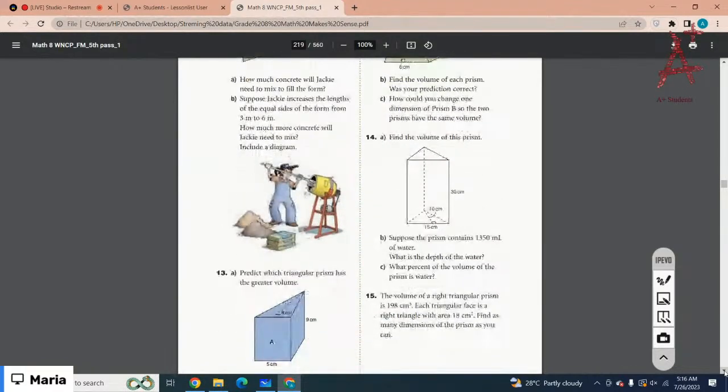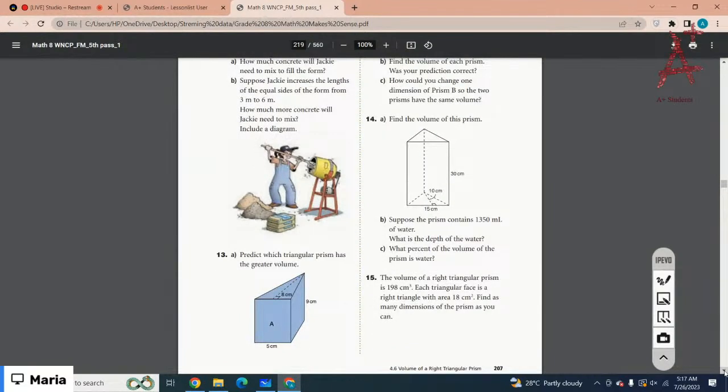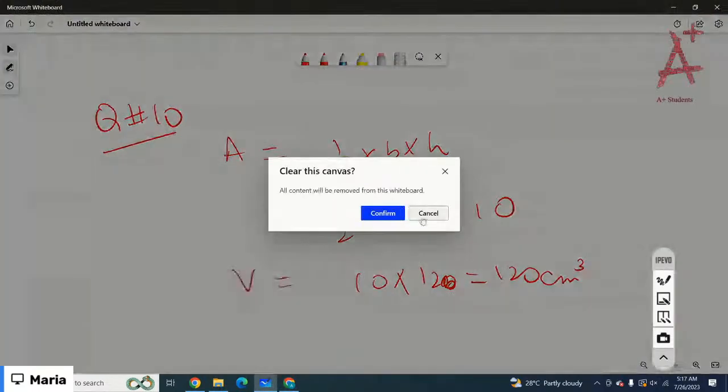So which of them has the greater volume? Okay, let's see. This is A. Okay, let's just calculate the volume of 13A. Then we'll see which one has the greater volume.